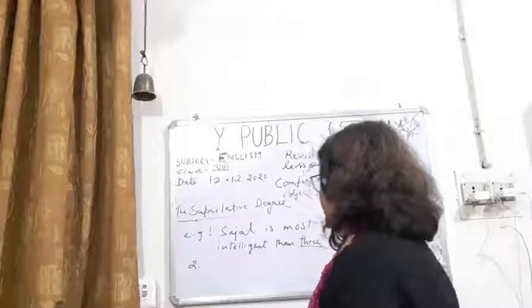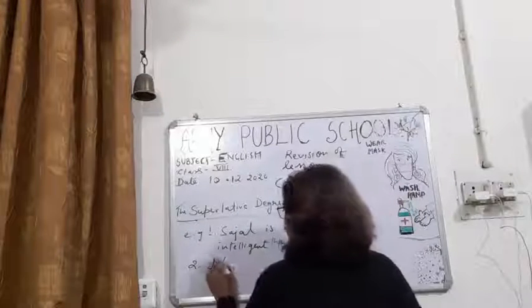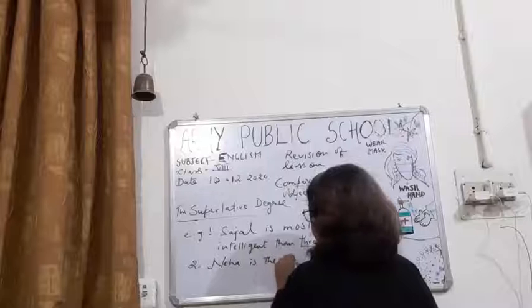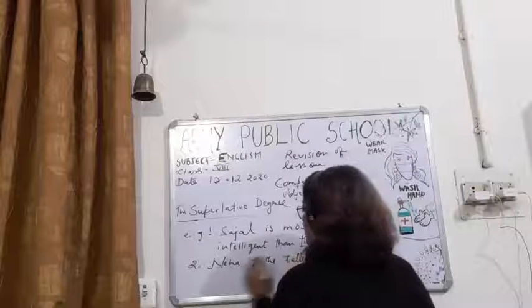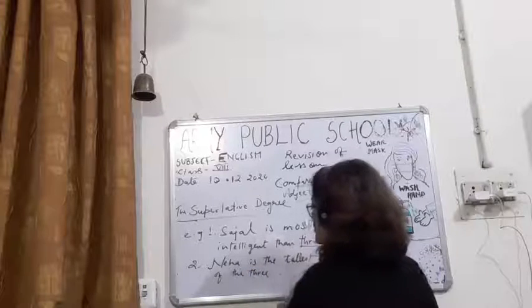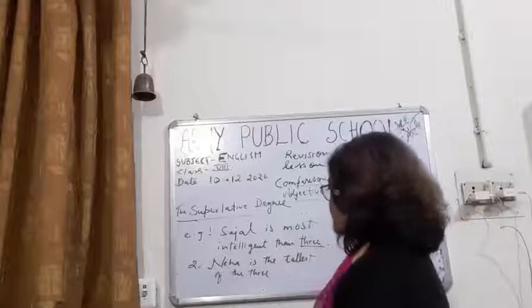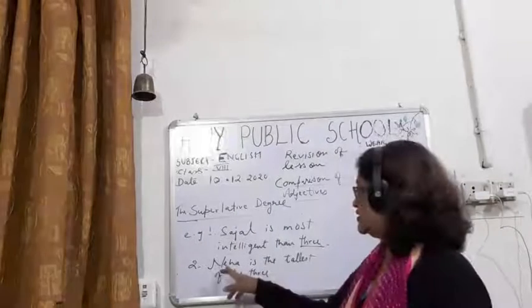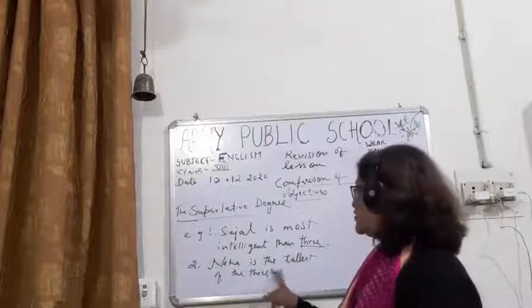Then, Neha is the tallest of the three. So here, children, more than two are compared, like you see Neha is the tallest of the three.